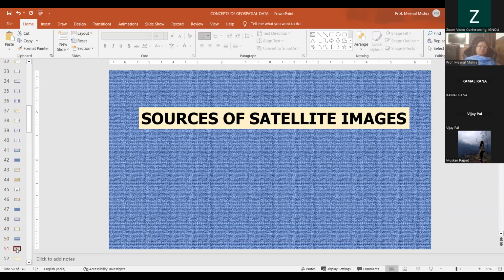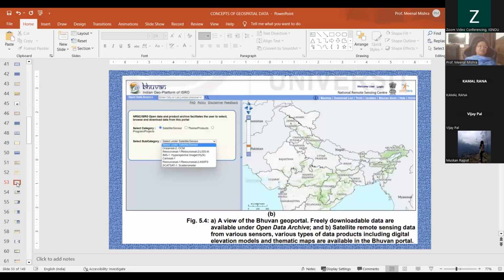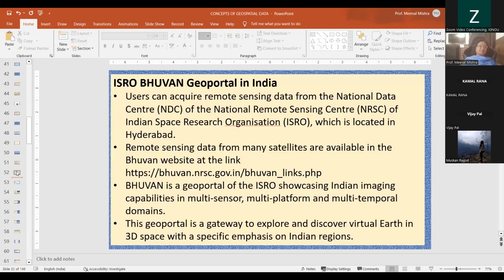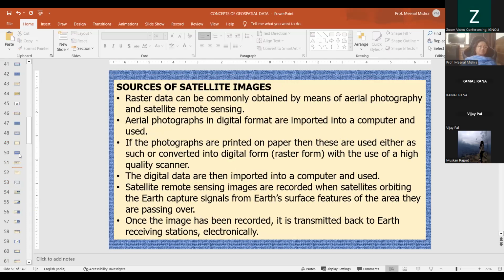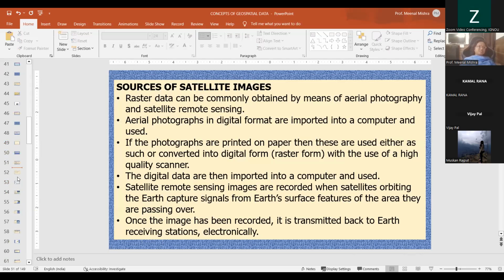Now, let us come to an important topic, everything is important, but this one: sources of satellite images. We will discuss from where you can get the satellite images. The first one, this I will just skip. It is general.